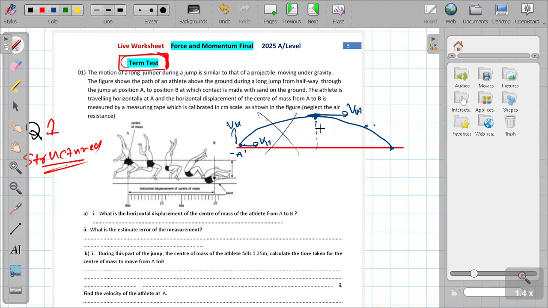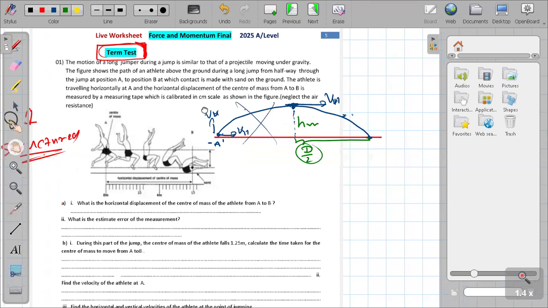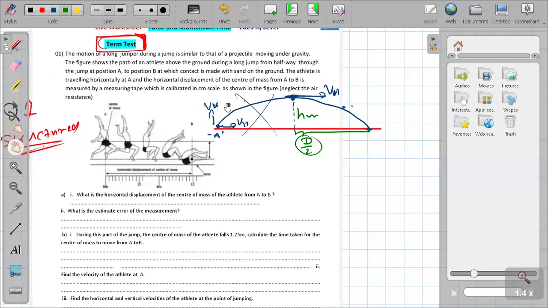It is mentioning the peak height H max and the total displacement over 2 actually, in terms of the real situations. But here we only consider constant ground, and that means it is traveling at horizontal displacement.